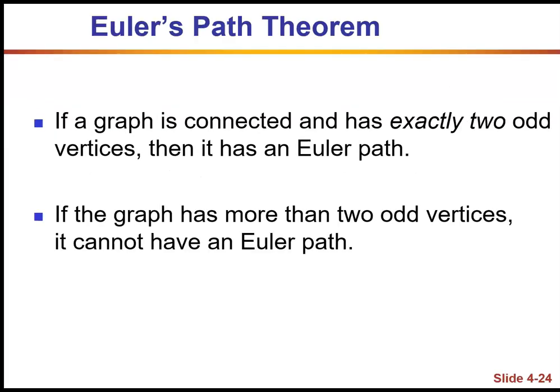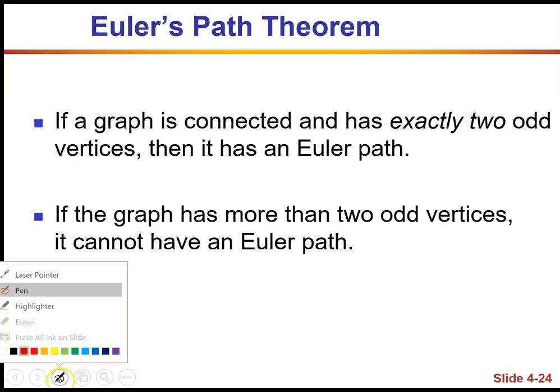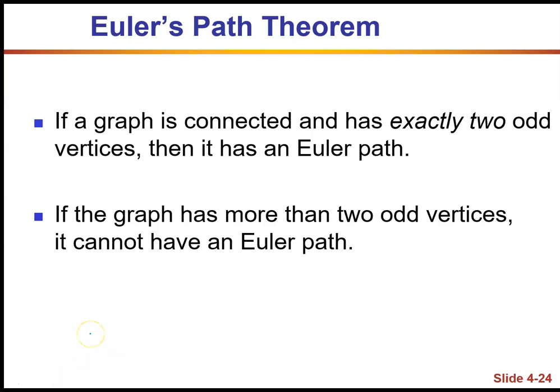Okay. Right, so we have, of course, an Euler path theorem. Again, the graph is connected. The key to this one is markers that every vertex is even, but we have to have exactly 2 odd vertices, okay?